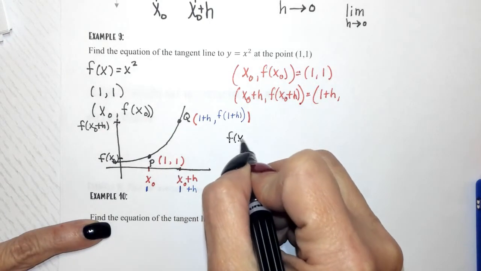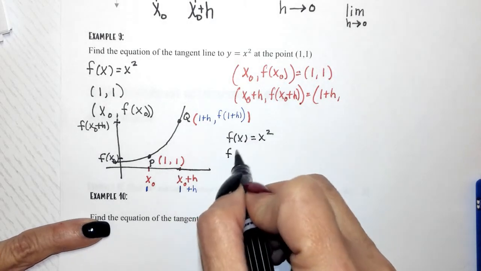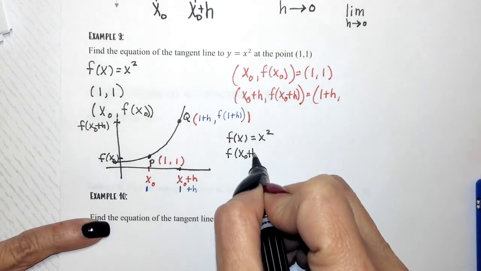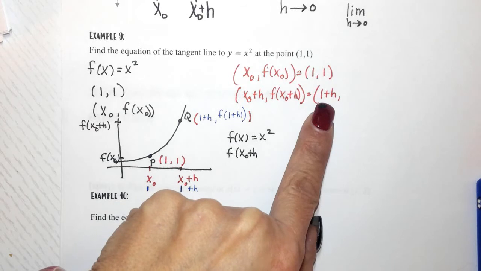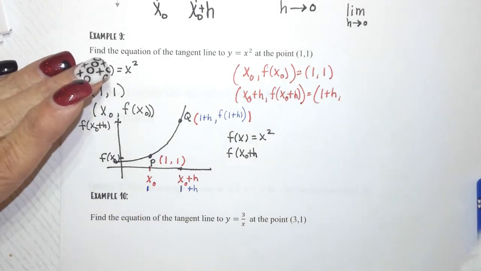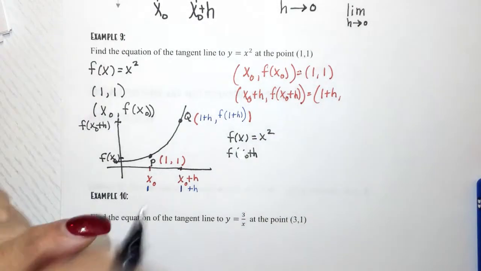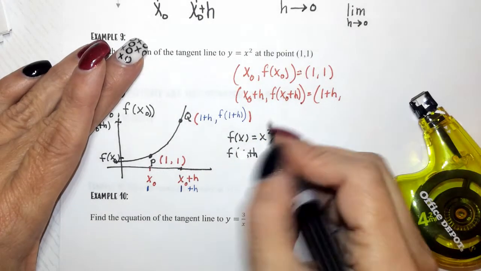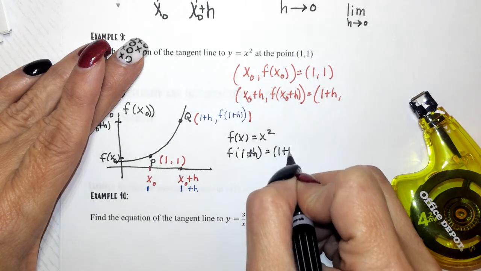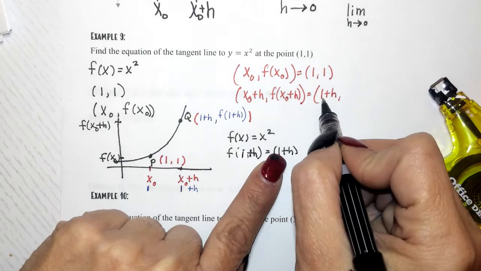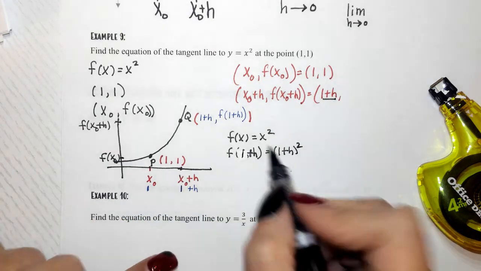So f of x equals x squared. F of x naught plus h, only I've got to put 1 plus h in there. So let me do that. I'm going to change that x naught because I already know what it is. I'm replacing x with 1 plus h. This 1 plus h right here is going where x is, squared. I'm just substituting it in.